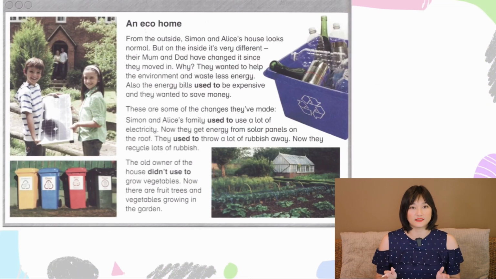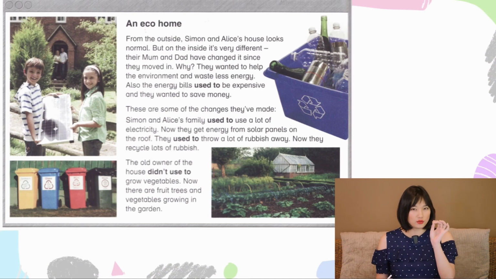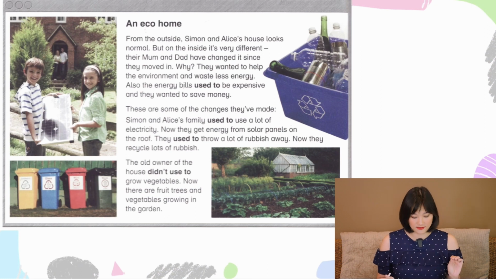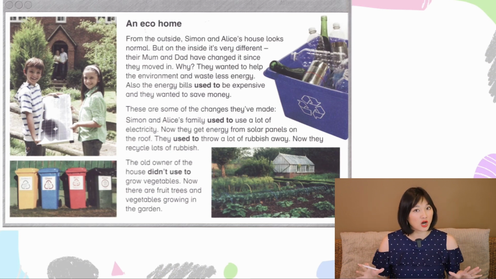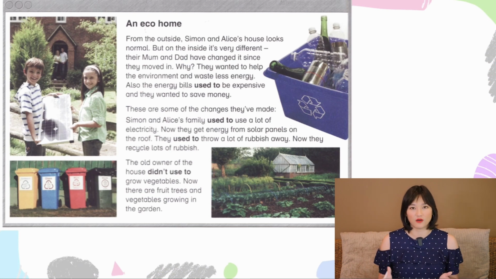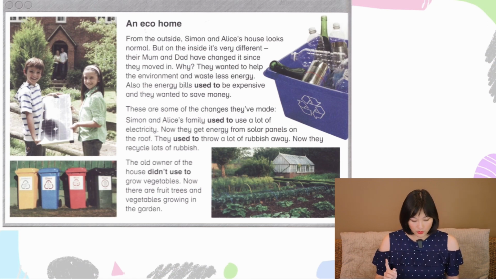If you look at this example, the story of this family, we're going to notice the words "used to" in the sentences. Okay? And eco home, you remember, eco home means the home that is helping the environment. The home that does not damage the environment. It's good for the environment. So let's read the first paragraph. "An eco home.